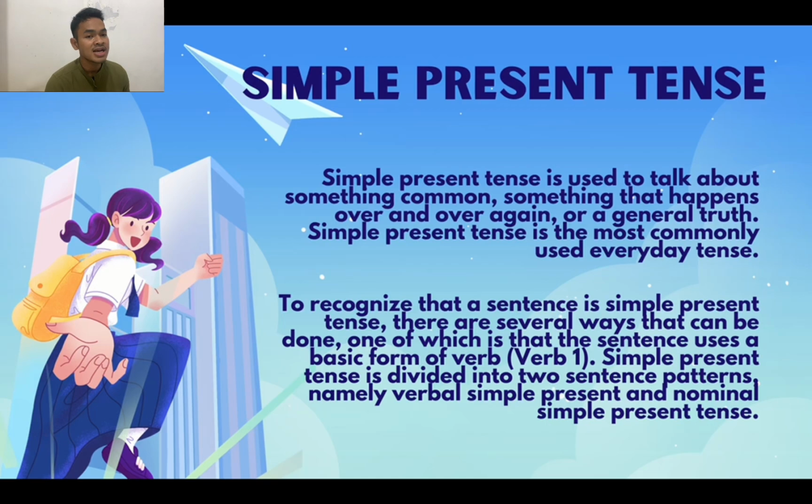One of which is that the sentences use the basic form of a verb, or verb one. First, simple present tense is divided into two sentence patterns, namely verbal simple present and nominal simple present tense.